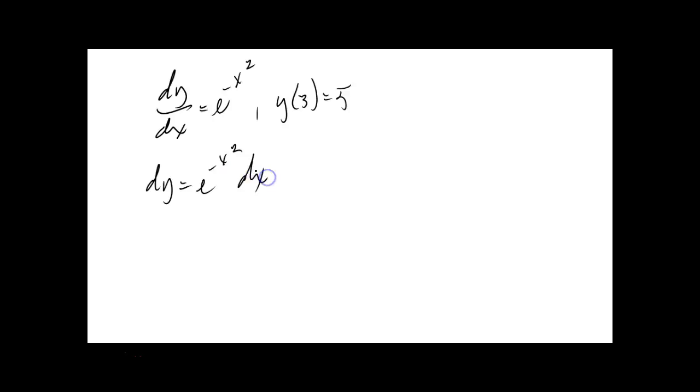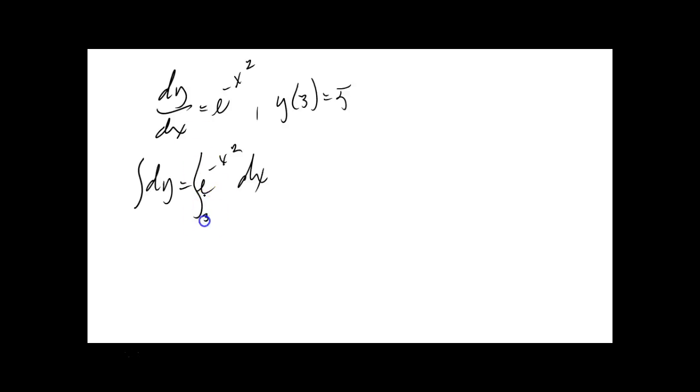dy/dx is equal to e to the minus x squared, and your initial condition, y of 3 is equal to 5. The way we did it before was write it in differential form. dy is equal to e to the minus x squared dx, differential form, integrate both sides, and now, here's the little bit of difference.